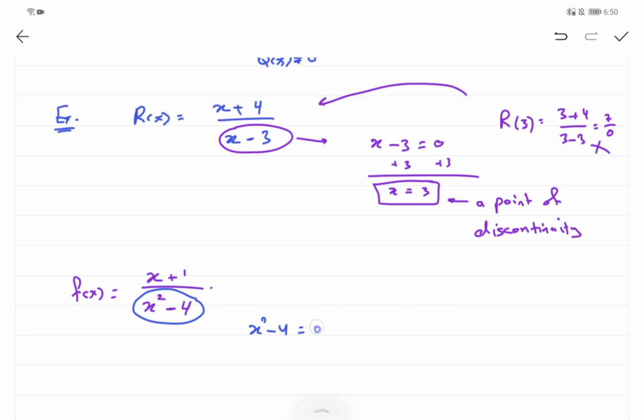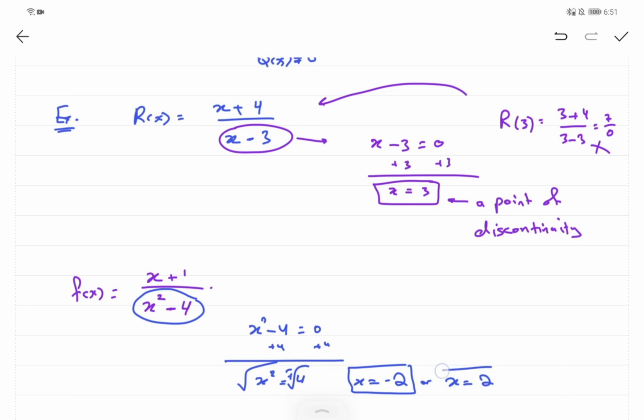So make it equal to 0 to find the values of x that cause problems. So add 4 to both sides. So x squared is going to be 4. Now take the square root of both sides, and don't forget positive or negative. So x is going to be either negative 2 or positive 2.